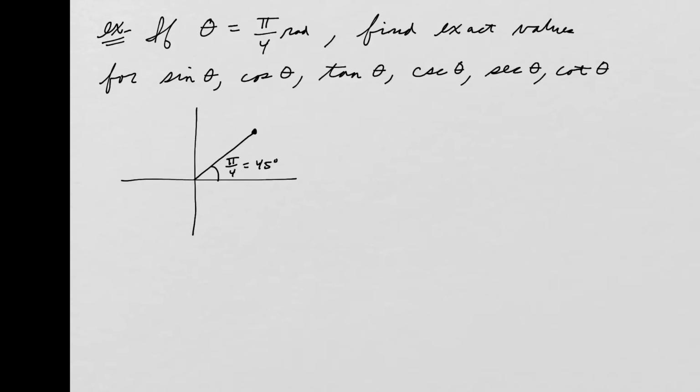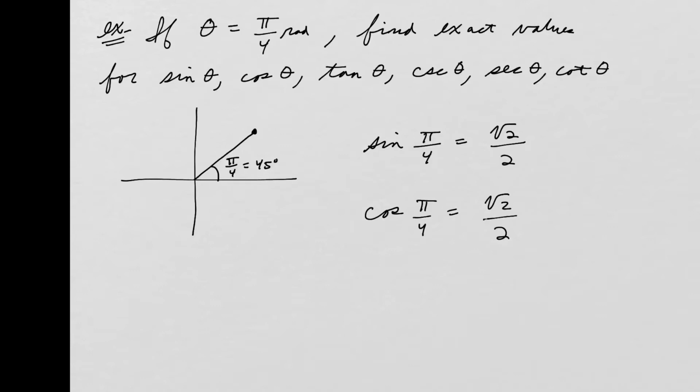So we know that sine of 45, or sine of pi over 4, is radical 2 over 2, right? So that's given, or that we know from the previous chapter. Cosine of pi over 4 is also radical 2 over 2. You can either remember those values, right, those special angles.